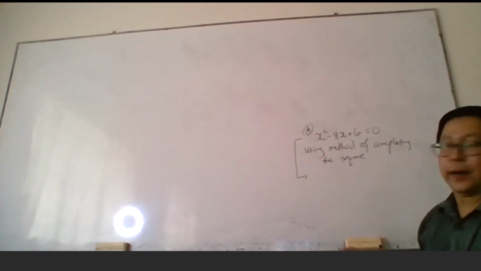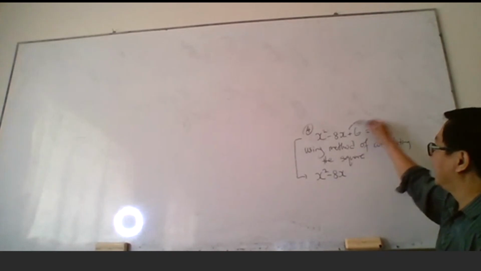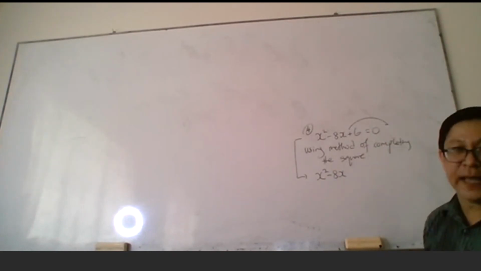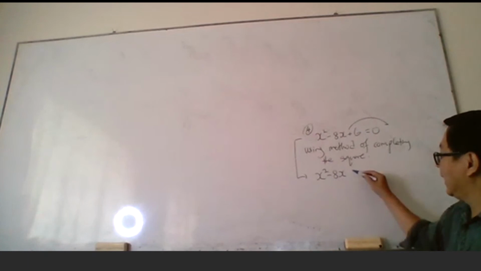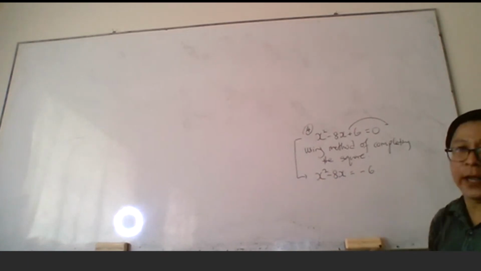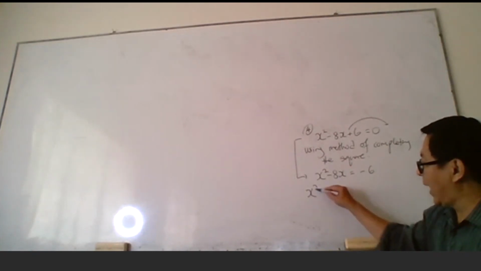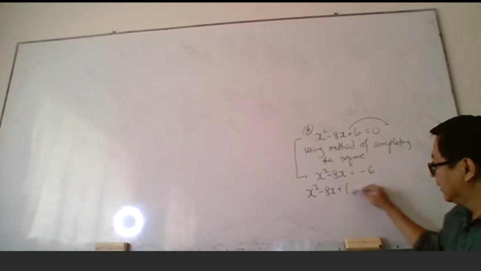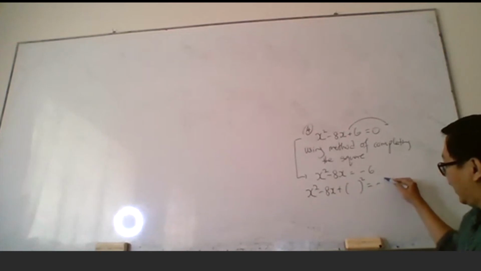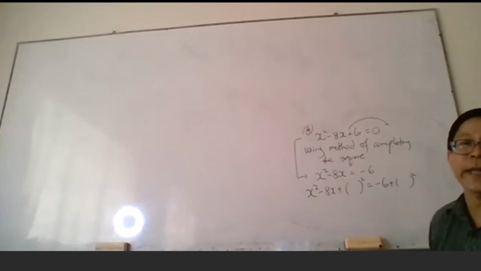Number 1, I will move the number from the left side to the right side. Make sure that this is x squared, not negative, and not even 2x squared; it must be only x squared. I use x squared minus 8x plus something squared equals negative 6 plus something squared. What is the number? I need to fill in the blank.